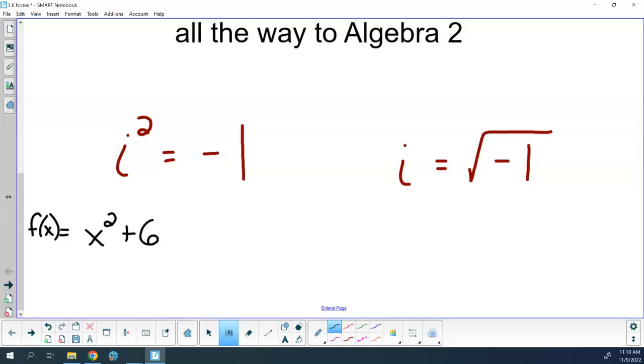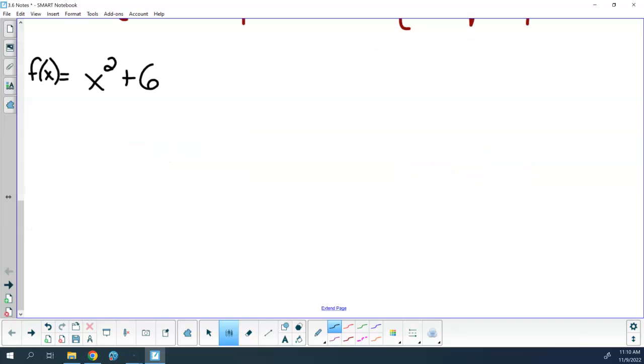Based off of your knowledge from Algebra 2, what kind of a function is this? It graphs into a parabola, but it's a quadratic function. We all agree that this is a quadratic function? Graphs into a parabola, right? So this is a parabola, quadratic function.